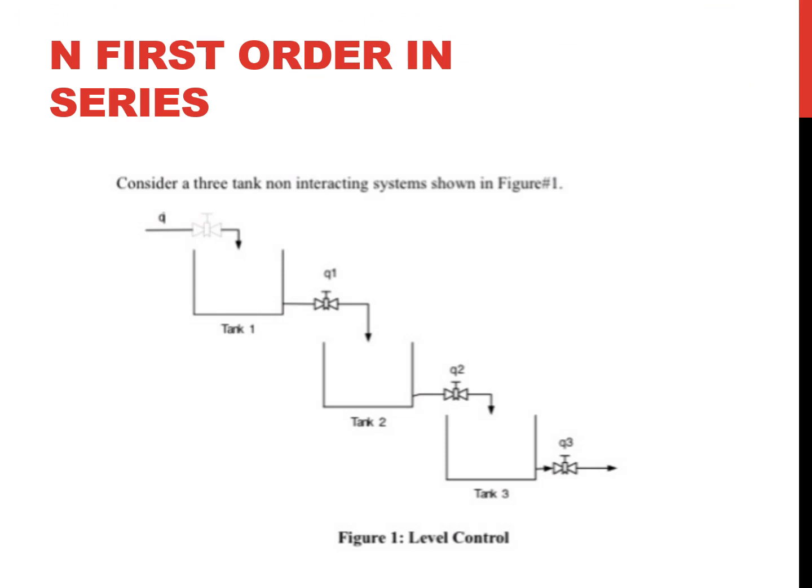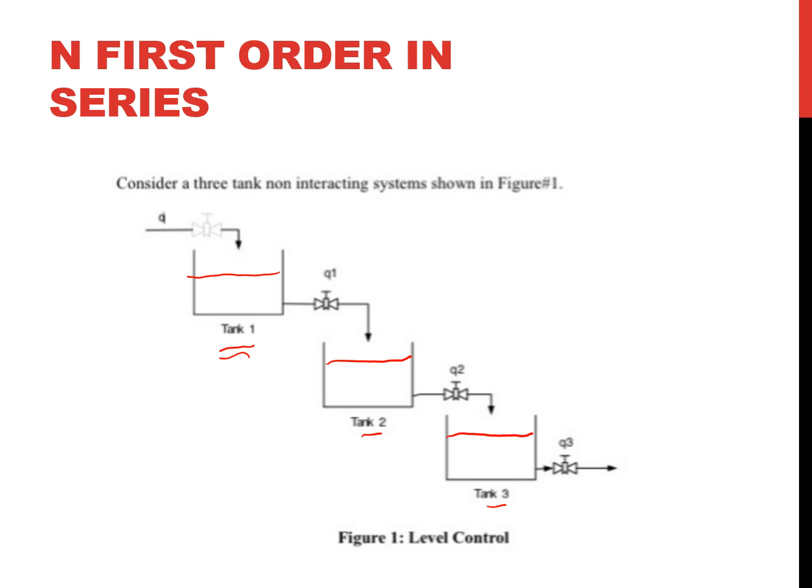So let's consider the three-tank non-interacting system as shown in Figure 1. You have tank number 1, with the input coming into tank number 1, and then it exits through the valve, and after the valve you have the flow rate fed into tank number 2. Subsequently you have the second valve, and then it flows to tank number 3, and finally you have the exit valve from tank number 3.